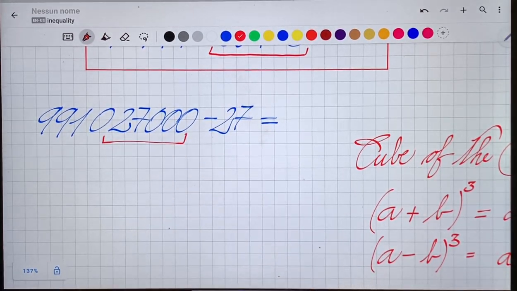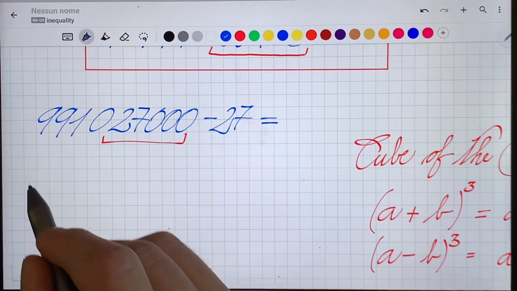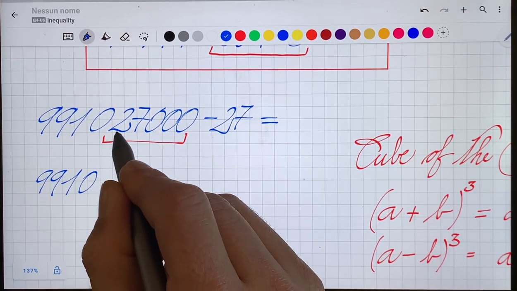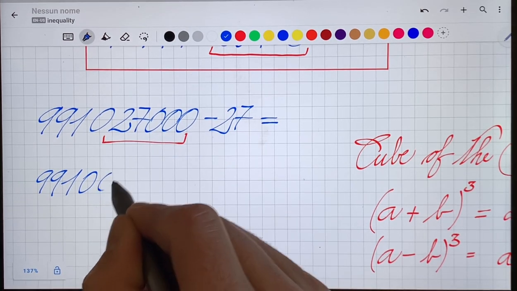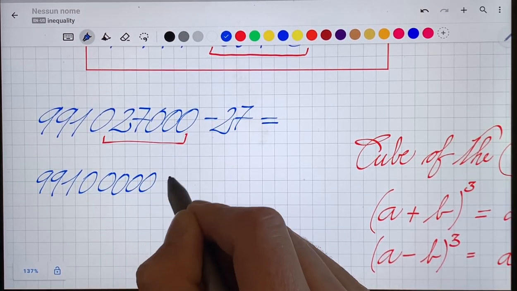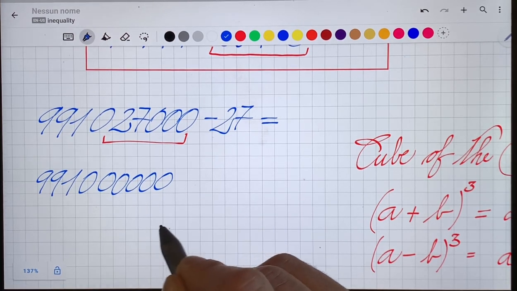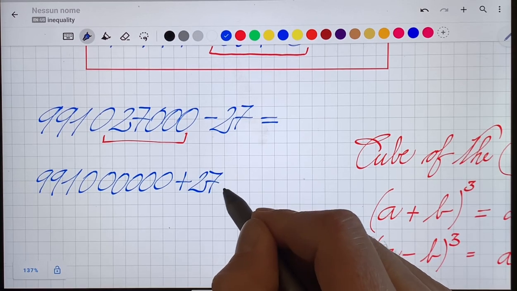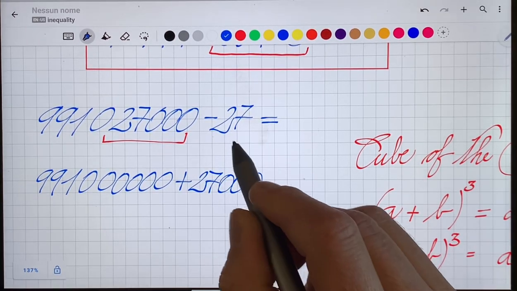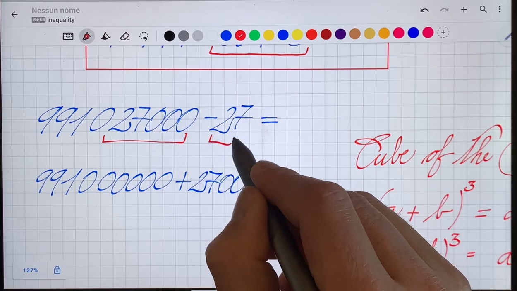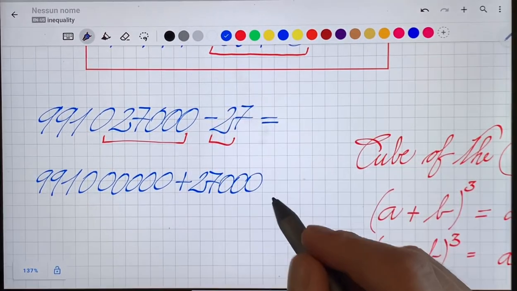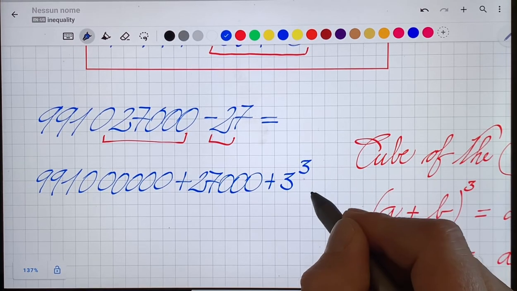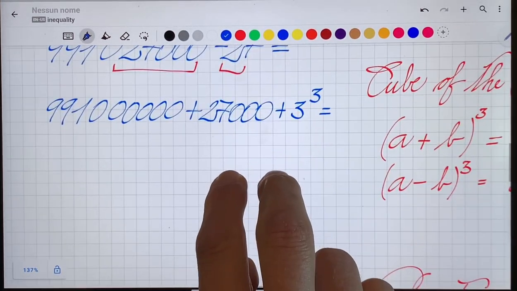Now, I will write this number as 9910, and then 1, 2, 3, 4, 5, 0, 1, 2, 3, 4, 5, 0, and then plus 27,000, and then I will write 27 as 3 to the power 3. Okay.